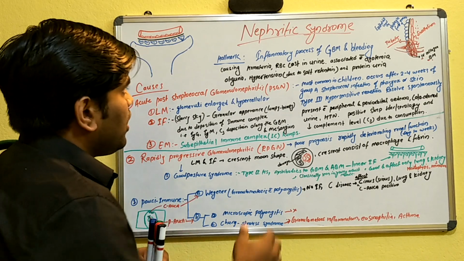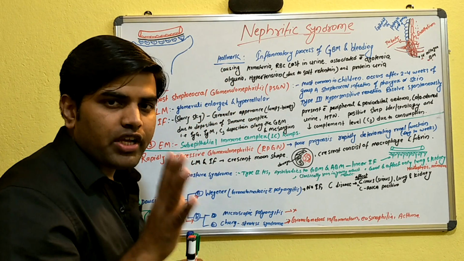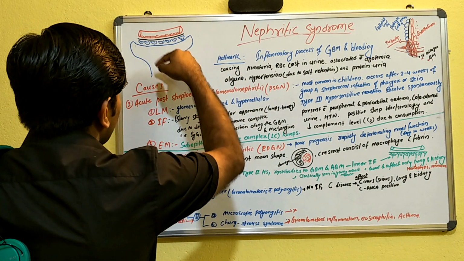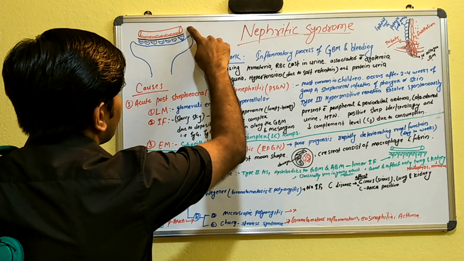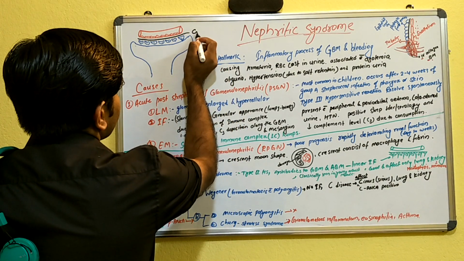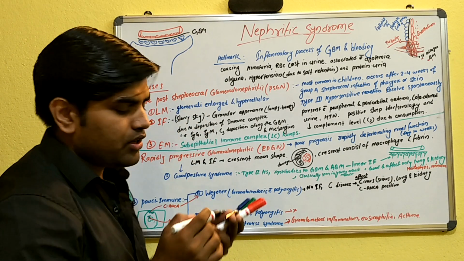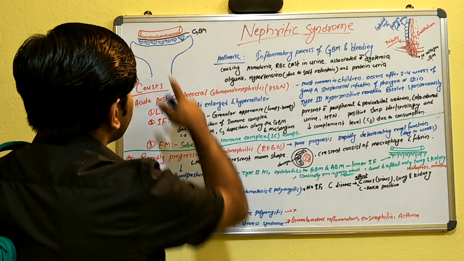Previously we have discussed that nephrotic and nephritic syndrome are mainly due to the filtration barrier. This is the capillary endothelium, then there is the glomerular basement membrane, and this is your podocyte, the epithelial layer. And this is the Bowman's capsule.